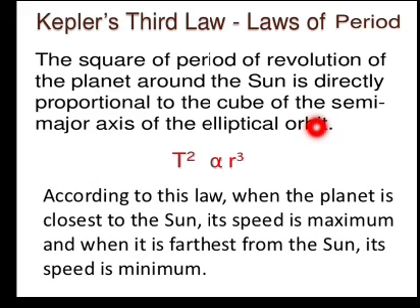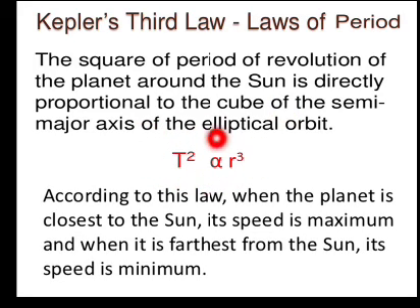Simply, we can say Kepler's third law states that the square of the period of revolution of a planet is directly proportional to the cube of the radius of the orbit of the planet.